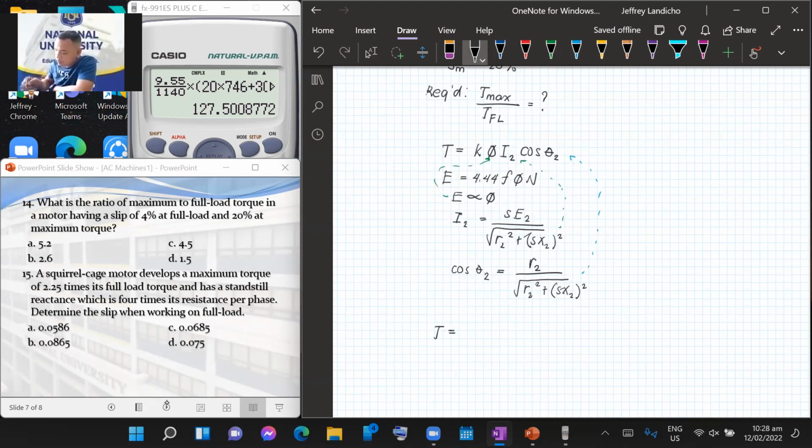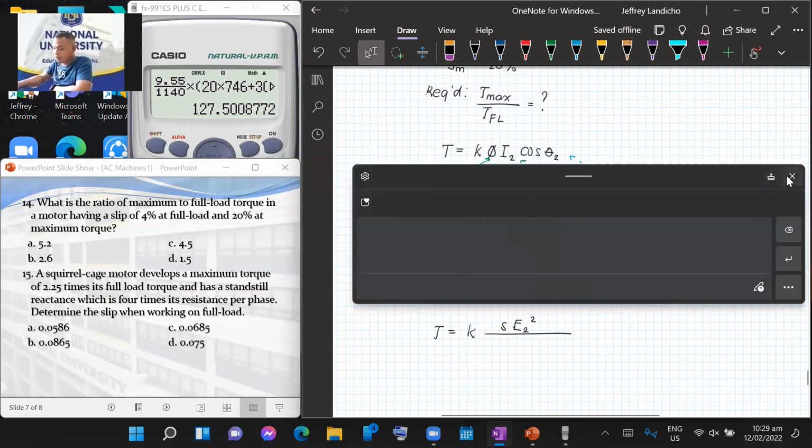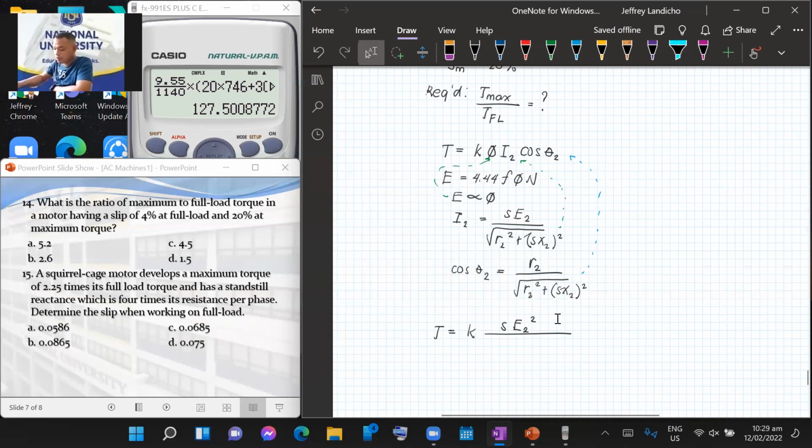So, torque now, it should be equal to K multiplied na lang kay S E2 squared. So, may voltage na tayo rito, naka-squared, multiplied ka na R2. Okay? So, sa baba, you have R2 squared plus S X2 squared. Okay?